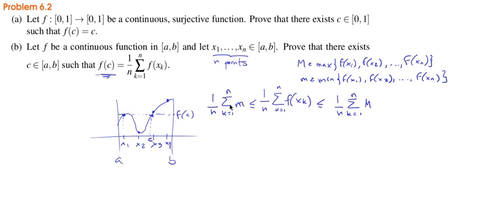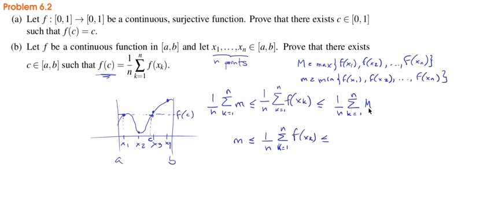So if we sum n times m, we have n times m divided by n is m, smaller or equal than 1 over n times the sum from k equals 1 to n of f at these points xk.